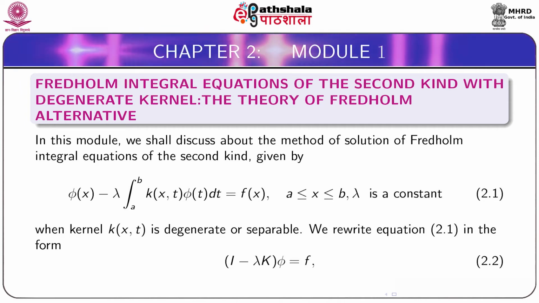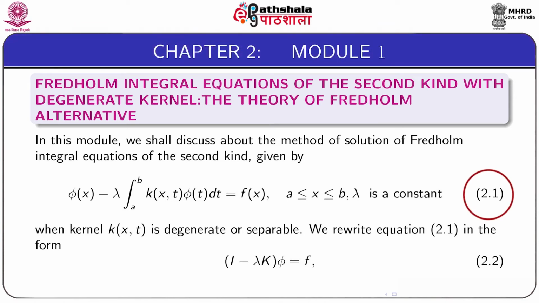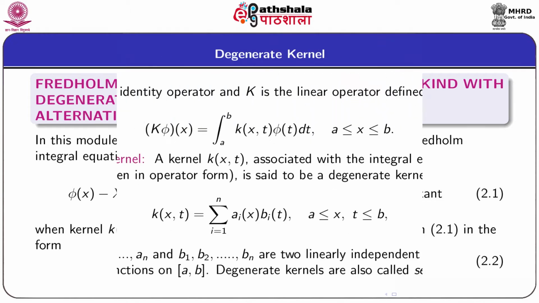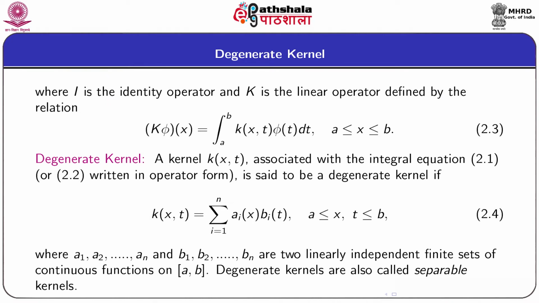Before going into the solution, we rewrite the integral equation 2.1 in operator form as given by equation 2.2, where capital I is the identity operator and capital K is the linear operator which is defined by the relation given by equation 2.3.